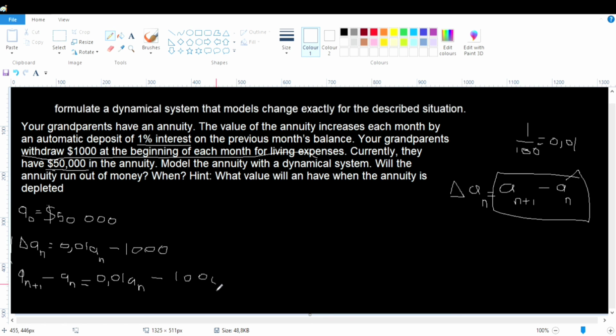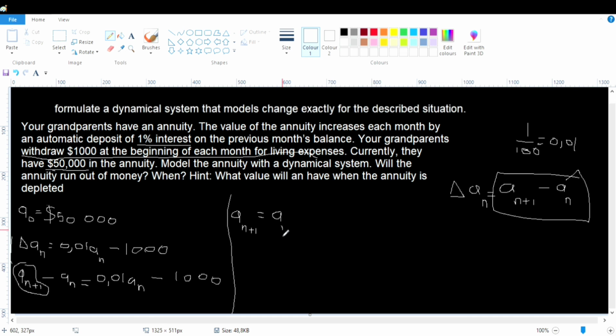Okay, this is our third step. Now we have to make A sub n plus 1 the subject of the formula. So here I'm going to write A sub n plus 1 is equal to, and here I'm just going to transpose. The sign of A sub n is going to change, it's going to be positive.